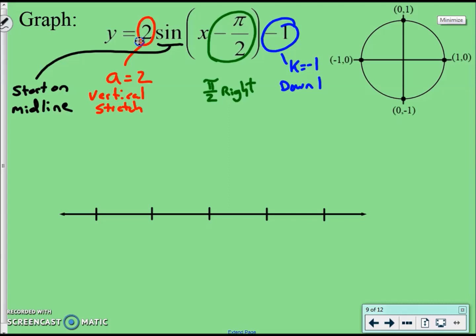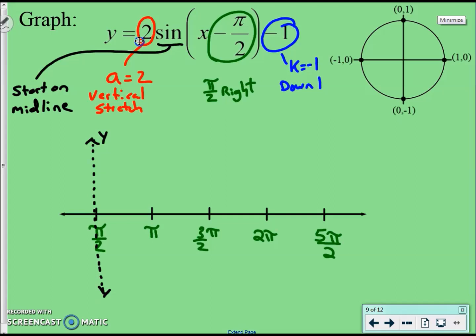All right. Since I've shifted to the right pi halves, I start at pi halves, pi, 3 halves pi, 2 pi, and like the last example, ending at 5 halves pi. I can draw in my y-axis.